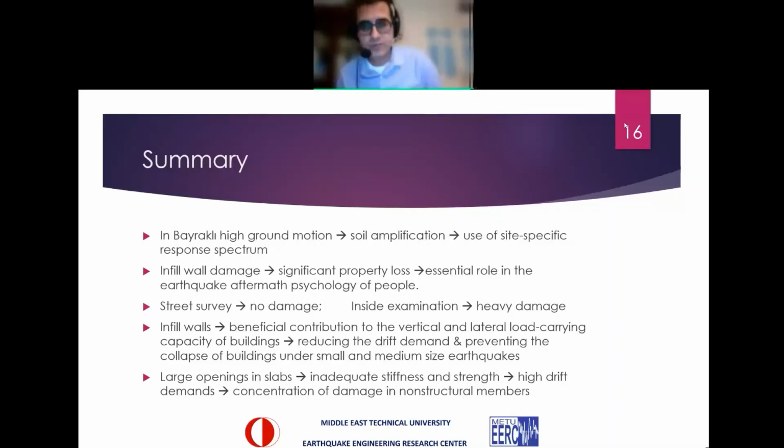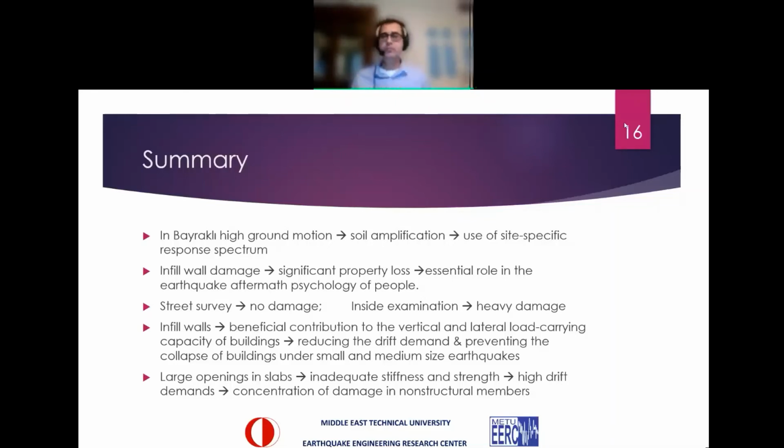Street survey is important, but sometimes misleading. You should be careful while you make a street survey. Sometimes you don't see any damage from the street walk around, but if you examine the inside, you may see heavy damage. You should be careful. It was very interesting in Izmir, we saw such cases.